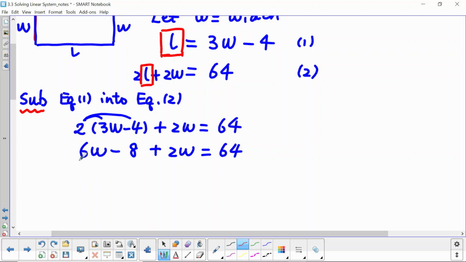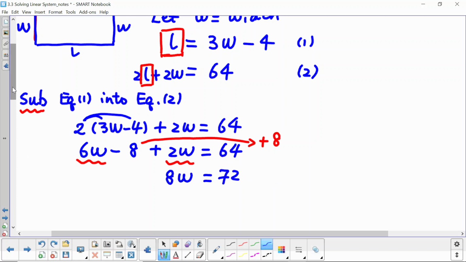Then we are going to collect the like terms and also move the -8 to other side by doing opposite operation. So 6W plus 2W give you 8W. 64 plus 8 give you 72.